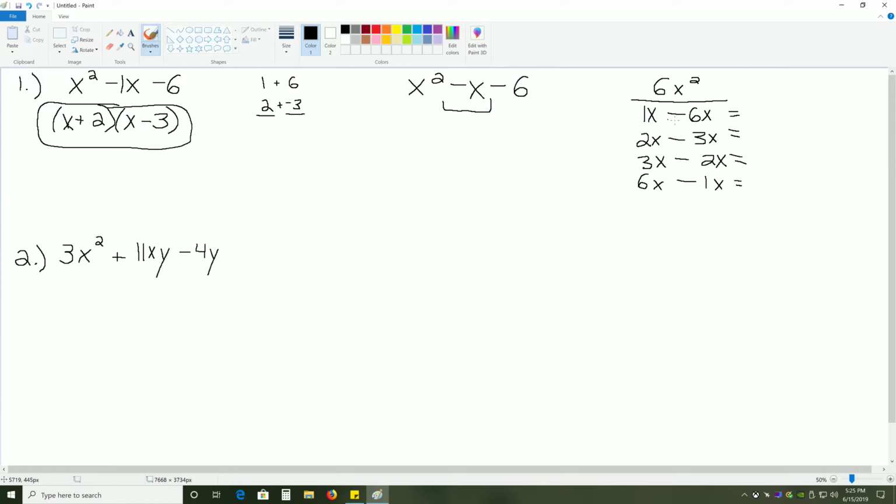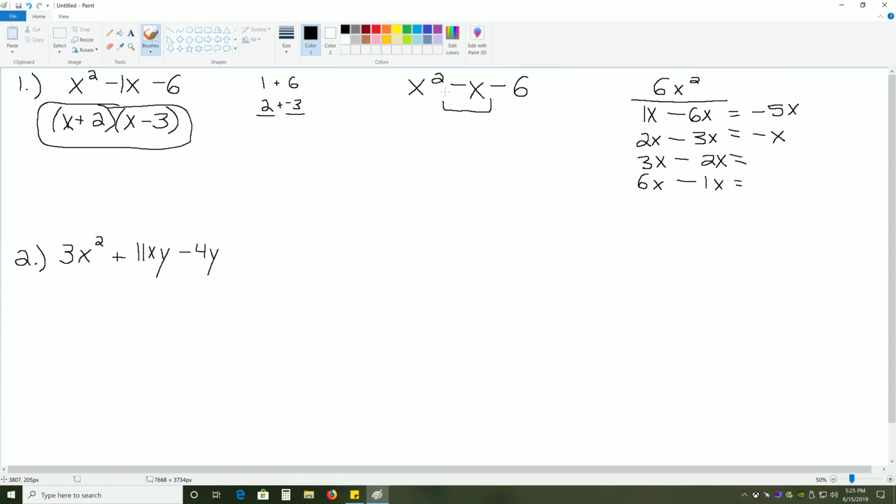So if we start with our first combination, 1x minus 6x is negative 5x. Then 2x minus 3x is negative x. And that is exactly what we needed. We needed to get that negative x.